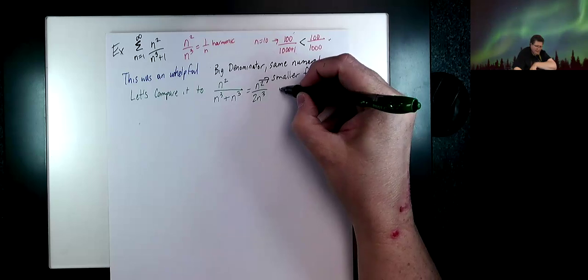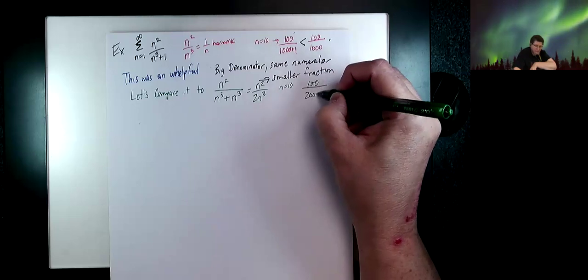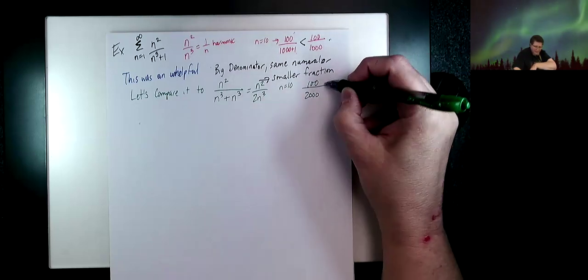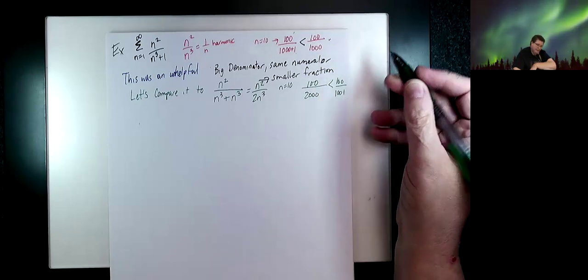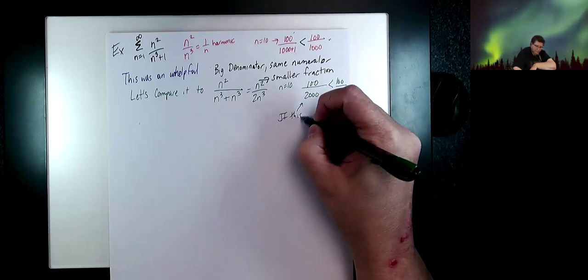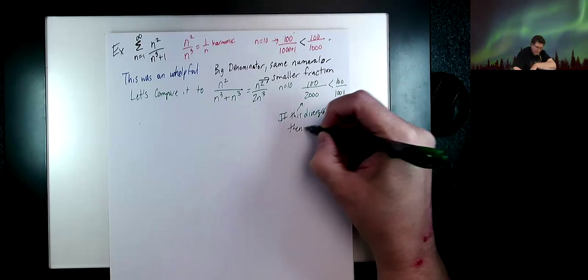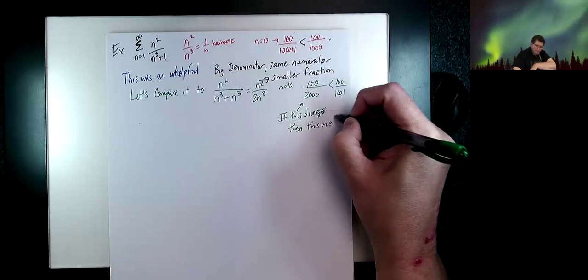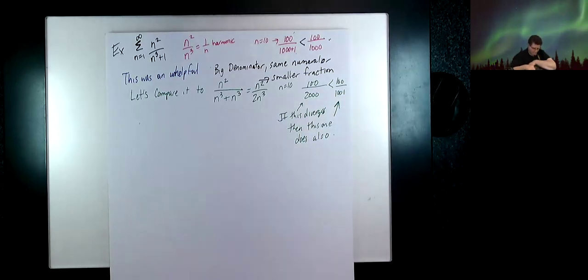And if I do n equals 10 here, I've got 100 over 2,000, and that's going to be smaller than our 100 over 1,001. And so if this diverges, then this one does also. Does that make sense?